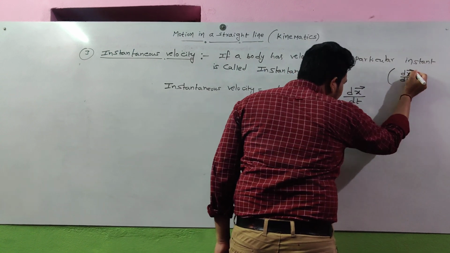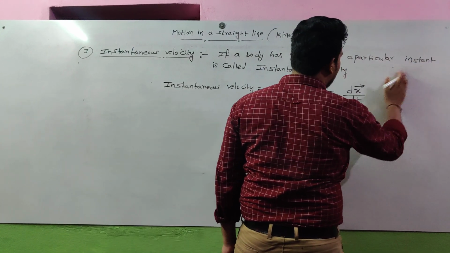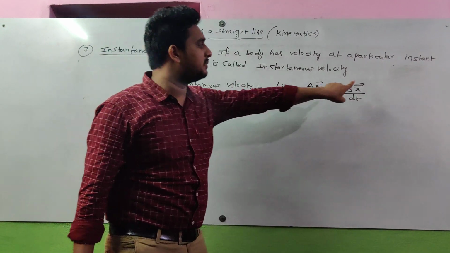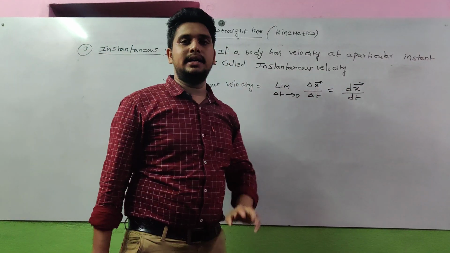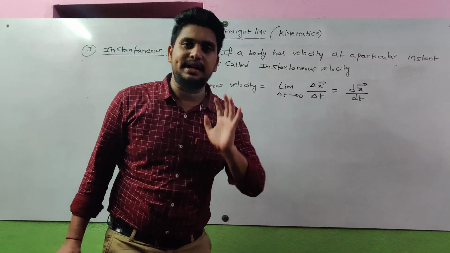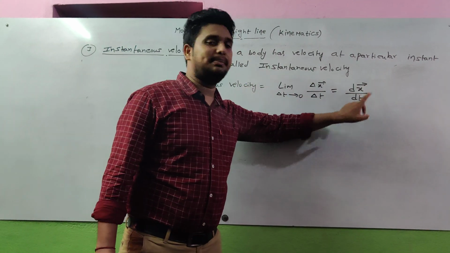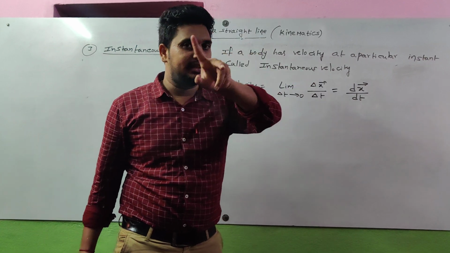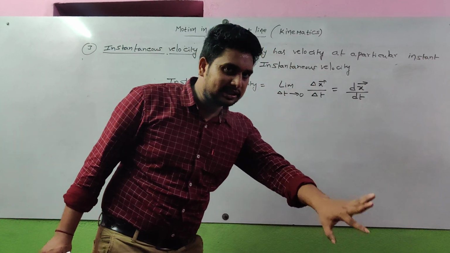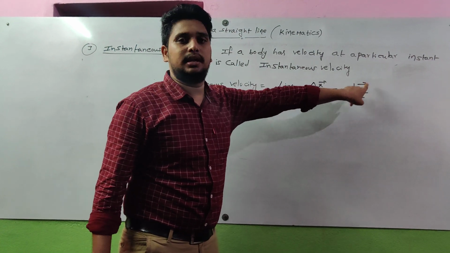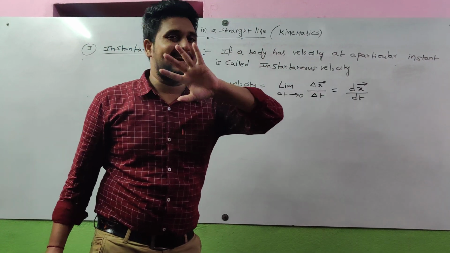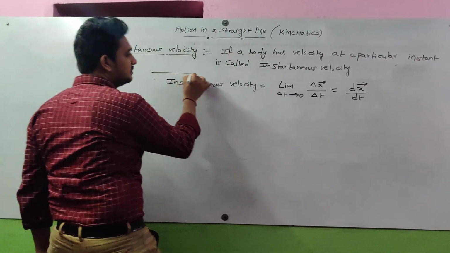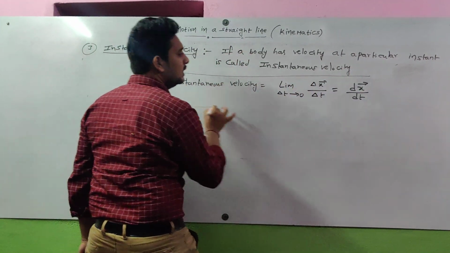Velocity is a vector quantity, that's why I put a bar on top. This is the difference between instantaneous speed and instantaneous velocity. So the instantaneous velocity formula is dx bar by dt.